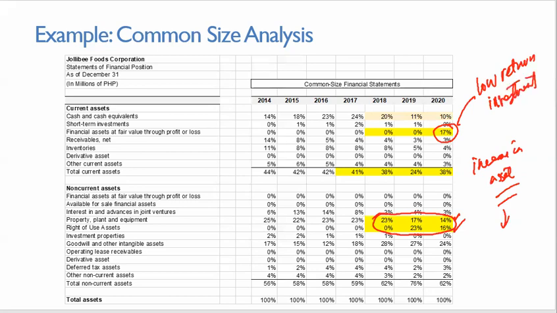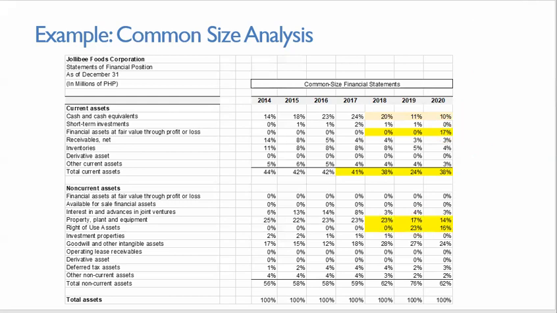Okay? So we see there may be an impact on the efficiency of the company. Right? Because it has an asset but it only provides low returns. Okay?